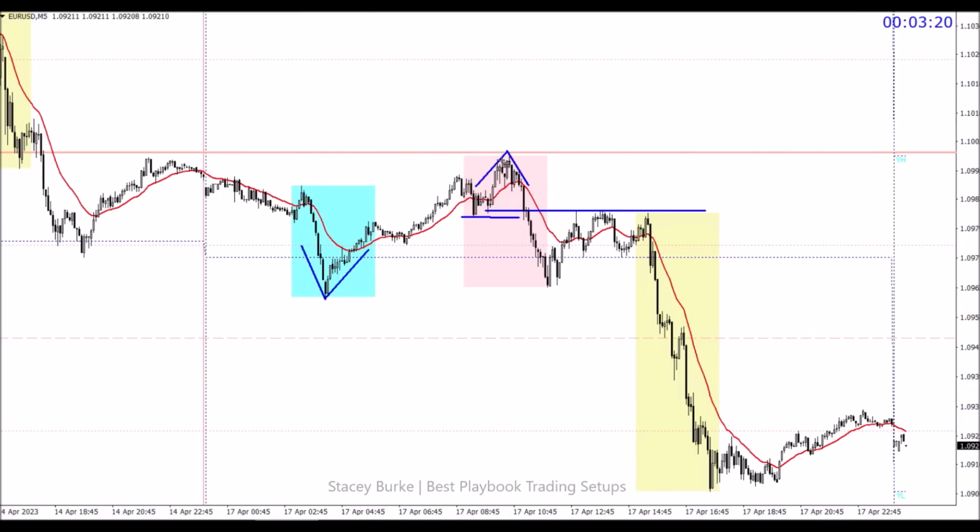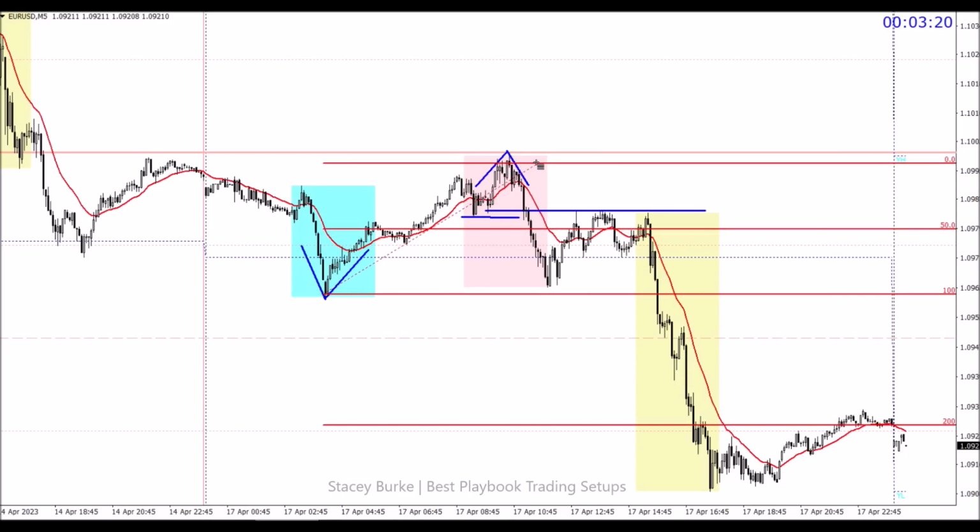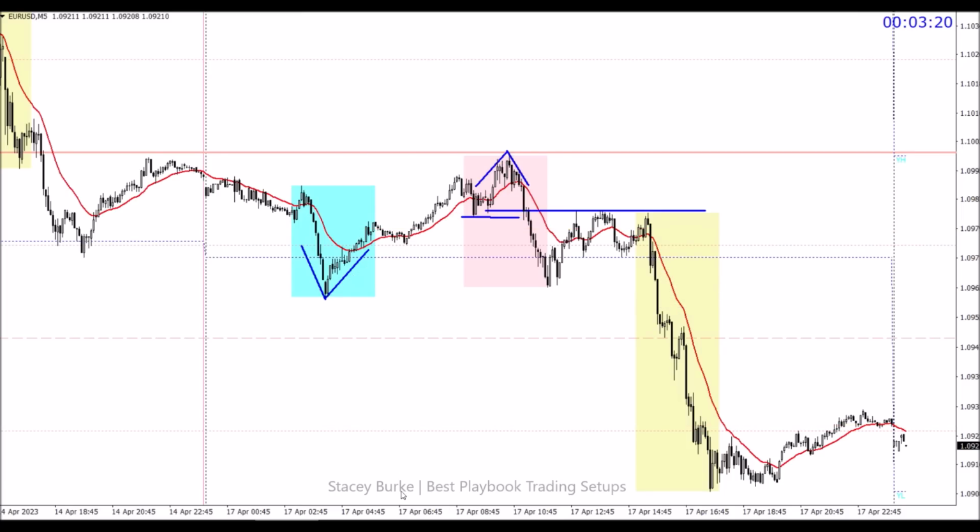If we put our range expansion on the bodies, body to body of our geometrical structure, our rectangle, we have at least one full 100% expansion of the range as a potential target. In simple number terms, we're basically looking at a 50 to 75 pip range expansion. Reinforce to look for cherry pick trades. This trade setup will show up over and over again.